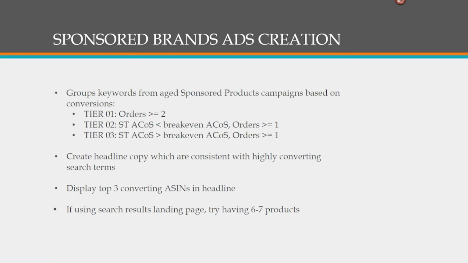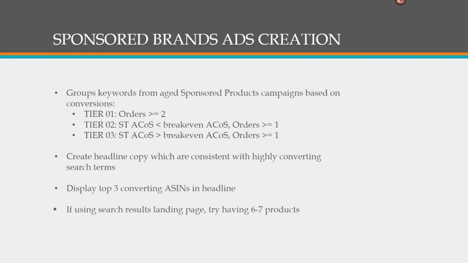If your sponsored brands campaigns are going to be pointing to a search results landing page, which usually would be the case, try to have 6 or 7 products in that search results landing page that you're building when you are creating these sponsored brands campaigns. The reason why is, if 1 or 2 SKUs run out of stock, then you still have additional products that can advertise.